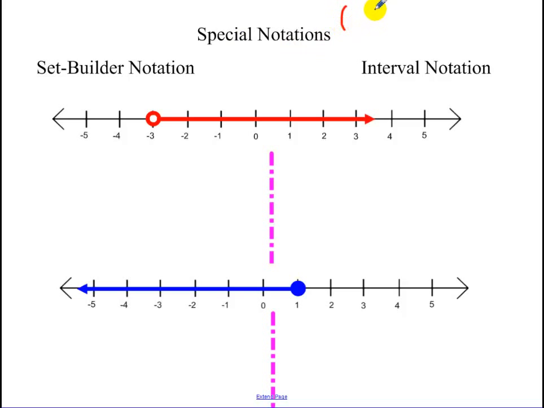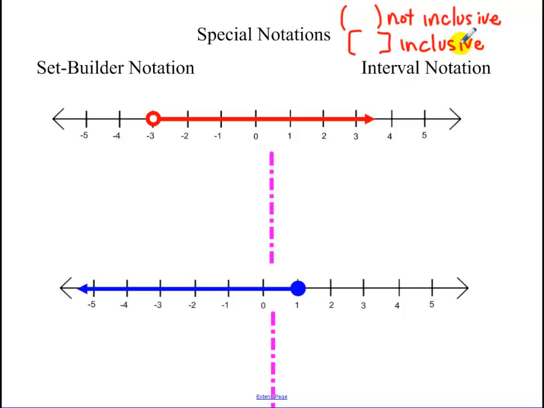When you put a number in parentheses, it means it is not inclusive, meaning I don't count the points on those endpoints. When we have brackets like that, it means that I do include the endpoints.